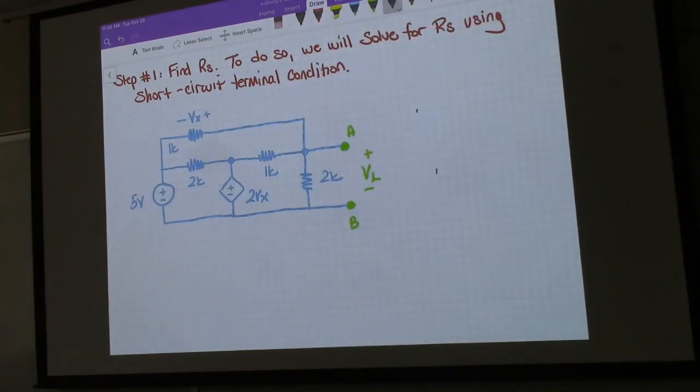So we're going to short these two terminals together, which is going to essentially, right? Anytime we short, we have a short path in parallel with a resistor. That resistor will no longer have any current flowing through it, so we can just eliminate it from the circuit altogether. And so what we're left with is a circuit that looks like this.